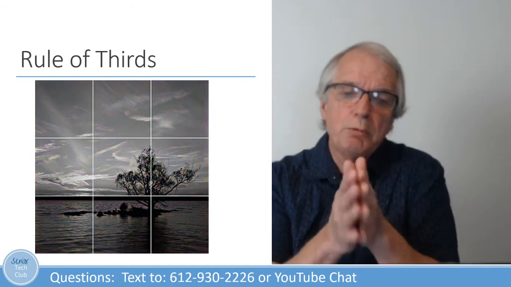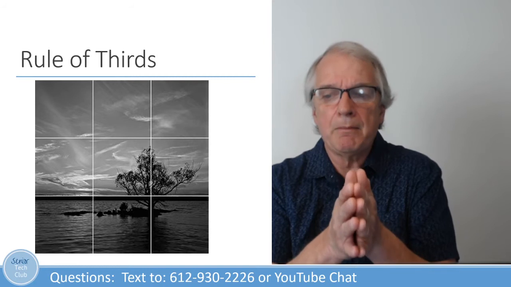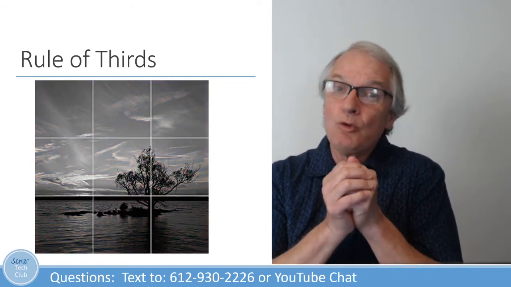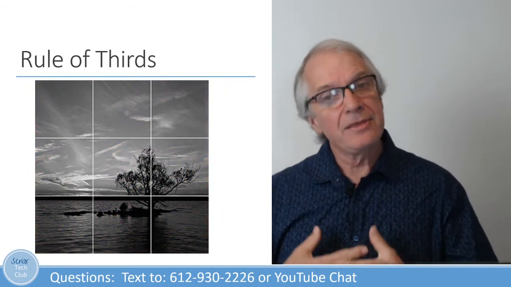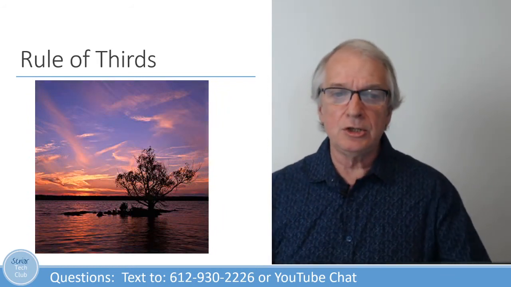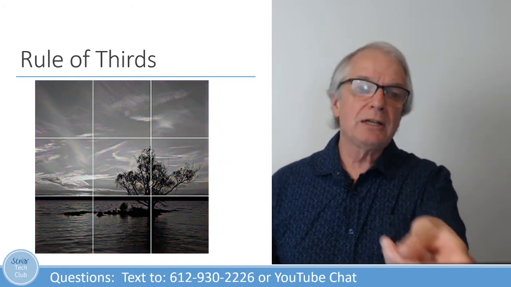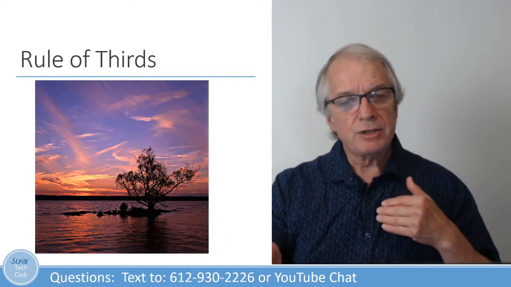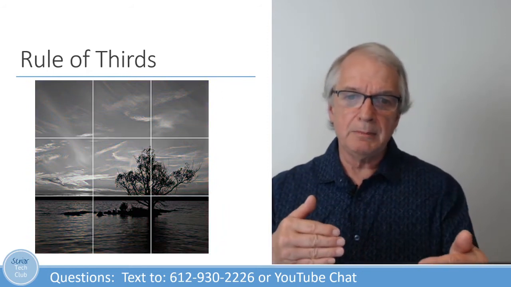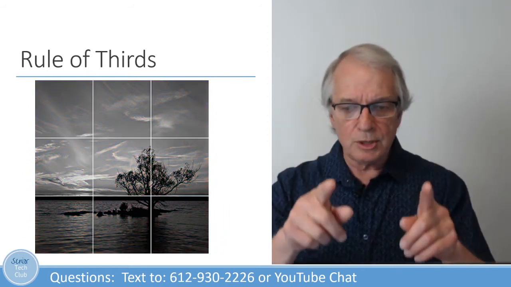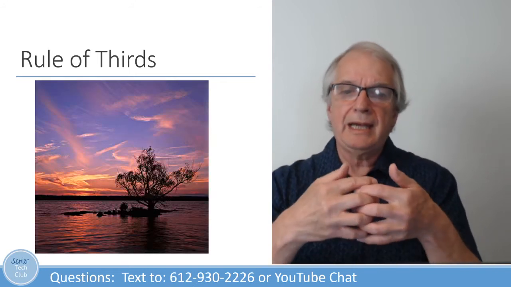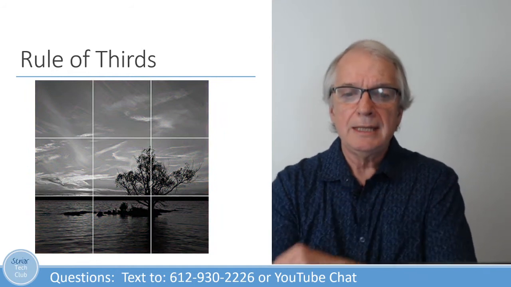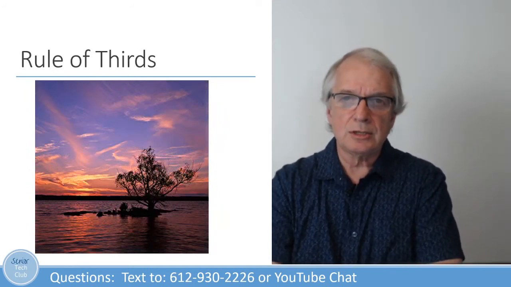When we talk about the rule of thirds, we're talking about photo composition and where you place the object of interest in your photograph. Take a look at the slide on the left-hand side. As you see it alternate between the color image and the black and white image, you notice the grid that divides the photo into 9 different sections.